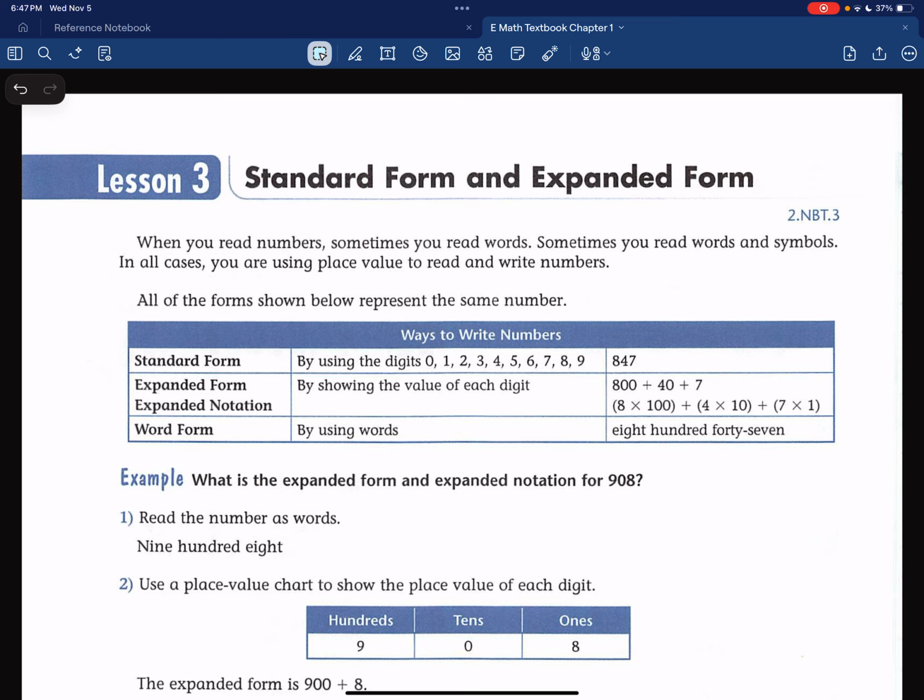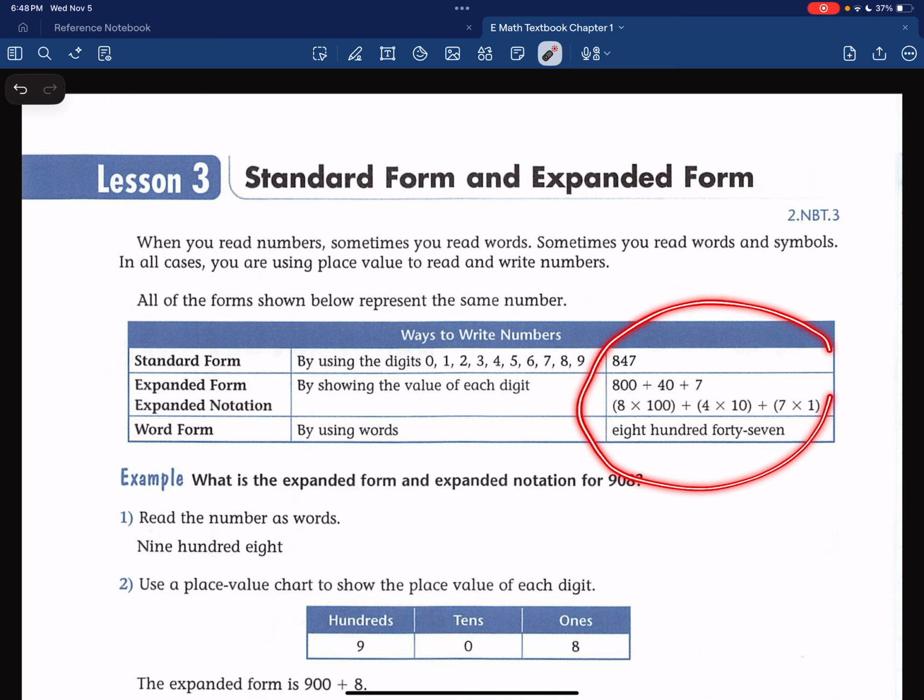Standard form, you use digits. And the example they're giving us right here is 847. Expanded form is 800 plus 40 plus 7. Expanded notation, this is new, is 8 times 100 plus 4 times 10 plus 7 times 1. And then word form is where we spell it out using properly spelled words.